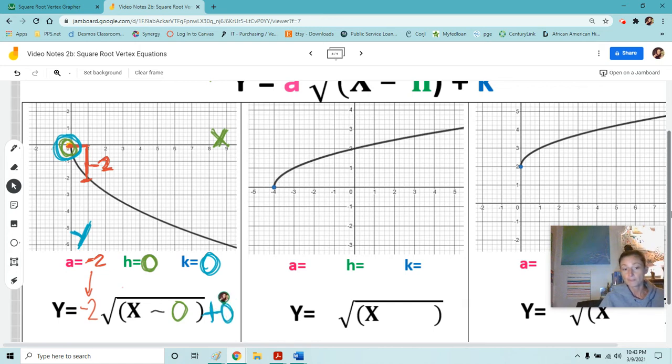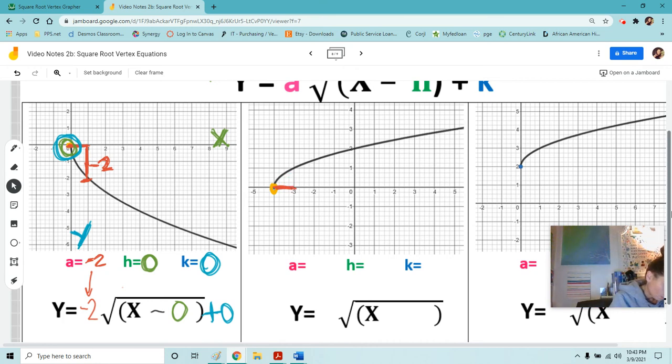All right, so we're going to try that with another graph here. So again, I'm going to look for the vertex. That happens to be right here. Then I'm going to go 1 unit to the right. I'm going to see how far up or down the graph is.